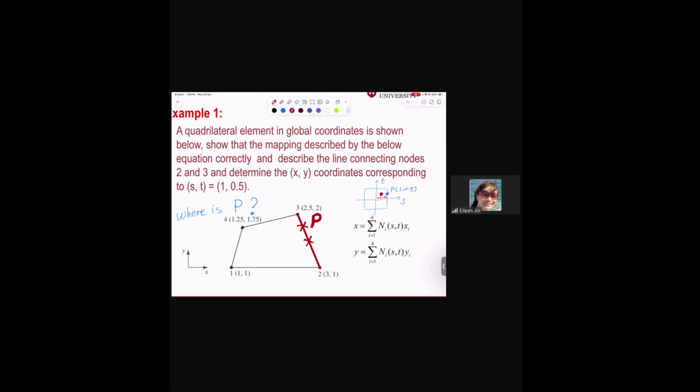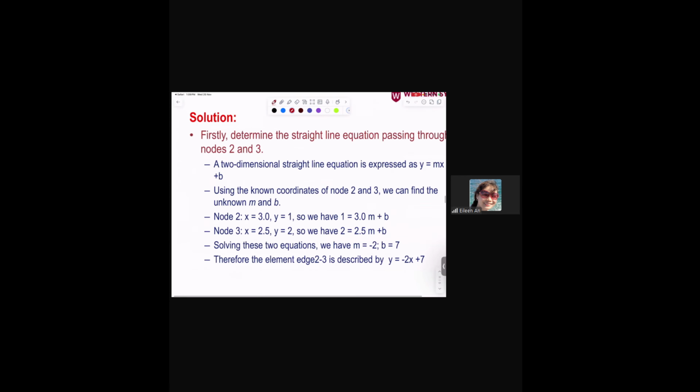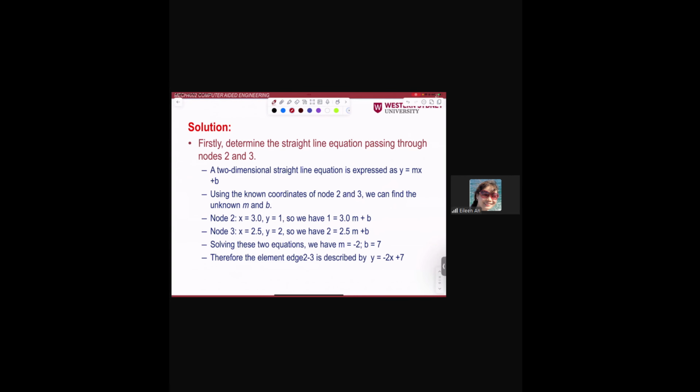Okay, now we need to use shape functions. To guess where P is, this is what we did, right? So we know P is located on the edge 2, 3.